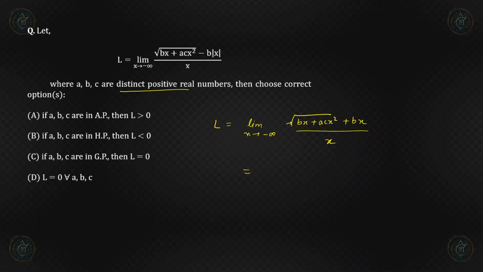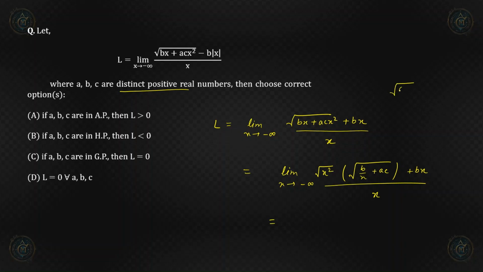We simply take out the power of x here from this square root function. So we get limit x tending to minus infinity, then x square we take out. So this x square will come out with a square root sign over it. Then we have inside this square root b by x plus ac, plus bx divided by x. So what will be root under x square?